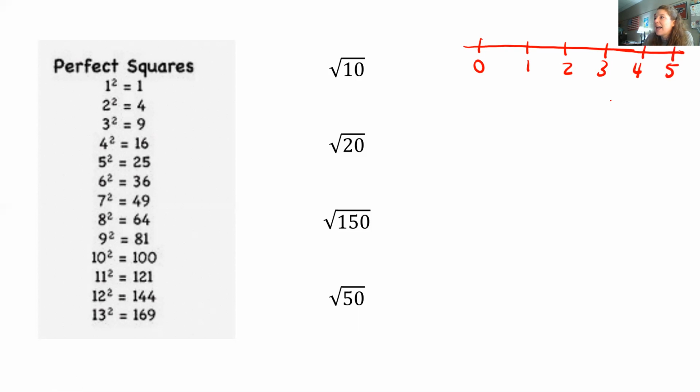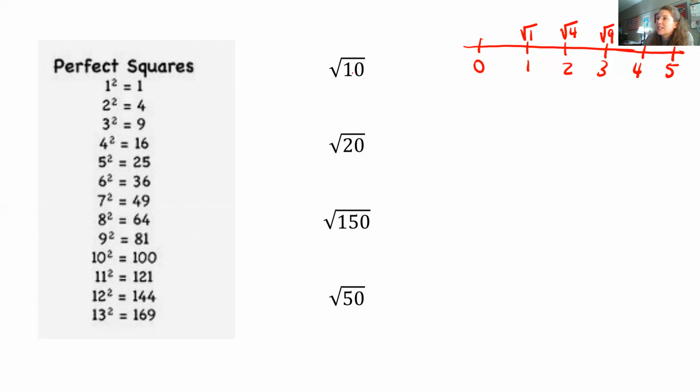All right, so if I asked you, what is the square root of 25? You would tell me the answer is exactly 5. If I asked you, what is the square root of 16? You tell me 4. This is the square root of 9, and this is the square root of 4, and this is the square root of 1, right?